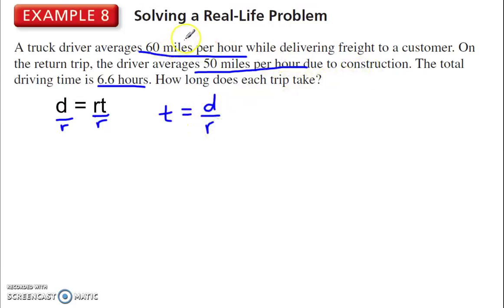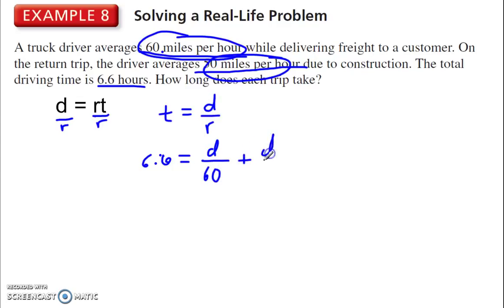Now, we have travel time there and travel time back. So the rate there is 60 miles per hour, and back is 50 miles per hour. We don't know the distance, but we do know the total travel time. So we know that the time is 6.6 hours, equal to our distance traveling there over 60 plus our distance traveling back over 50.